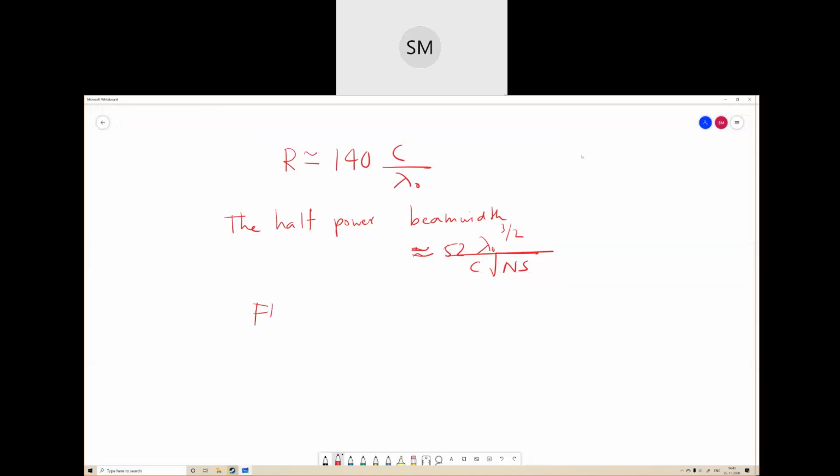The first null beam width is given by 115 lambda naught^(3/2) / (C sqrt(n S)).